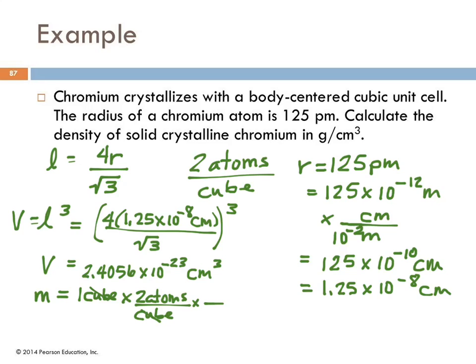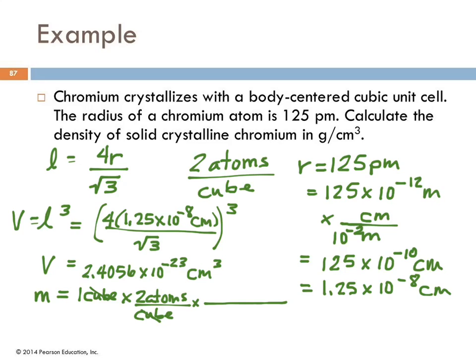Do we know what the mass of 2 atoms of chromium is in grams? Well, the periodic table tells us the mass of 1 mole in grams, or 1 atom in atomic mass units. But we don't want atomic mass units, we want grams.